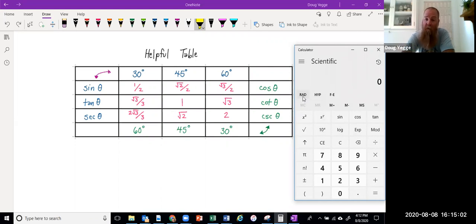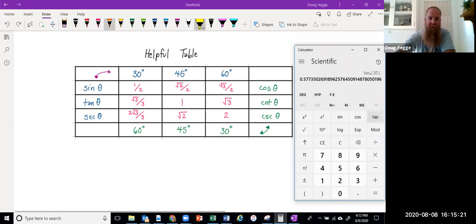But you've also got to make sure that you are paying attention to what the units of measure are. Some of you have to type in 30 and then hit the tangent button, and some have to hit tangent and then 30.